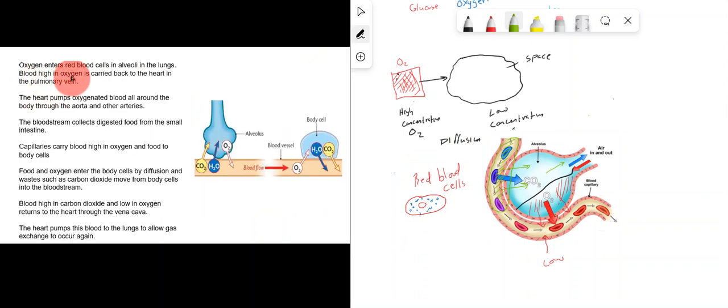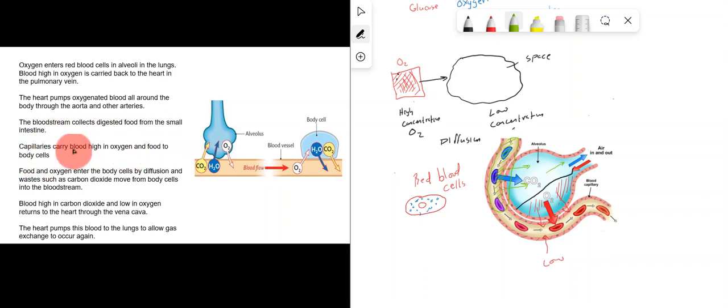So oxygen enters red blood cells in the alveoli in the lungs. Blood high in oxygen is carried back to the heart in the pulmonary vein. The heart pumps oxygenated blood all around the body through the aorta and other arteries. The bloodstream collects digested food from the small intestine, and capillaries carry blood high in oxygen and food to the body cells.